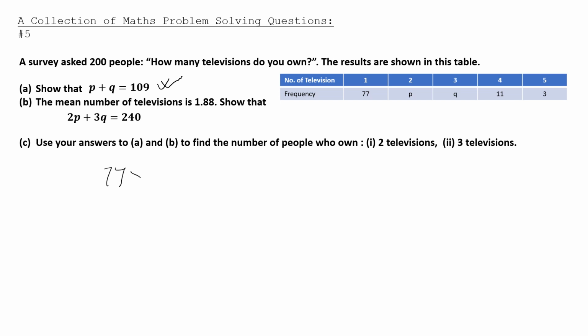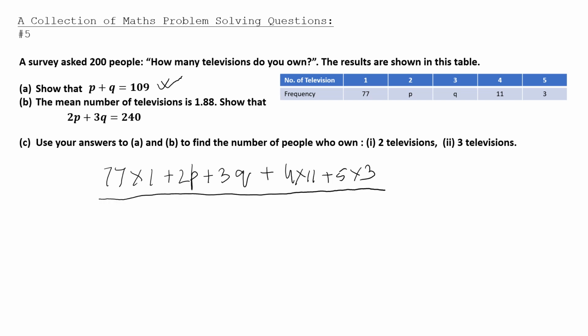So 77 times 1 plus 2P plus 3Q plus 4 times 11 plus 5 times 3, and that divided by sigma f, or the total frequency, should give you 1.88. Now we already know what sigma f is, and that is 200.